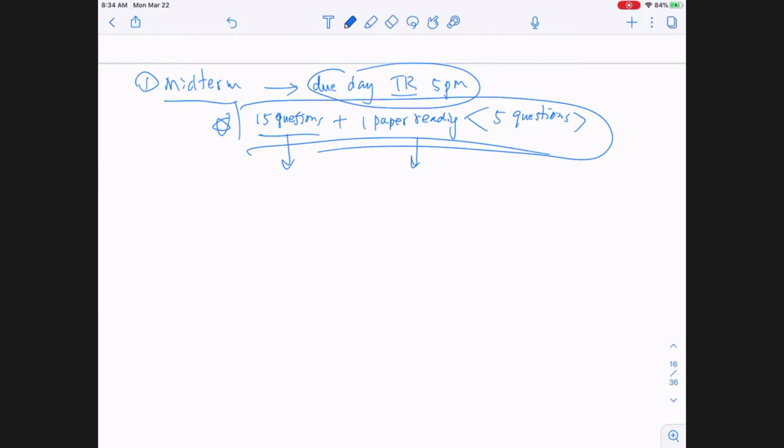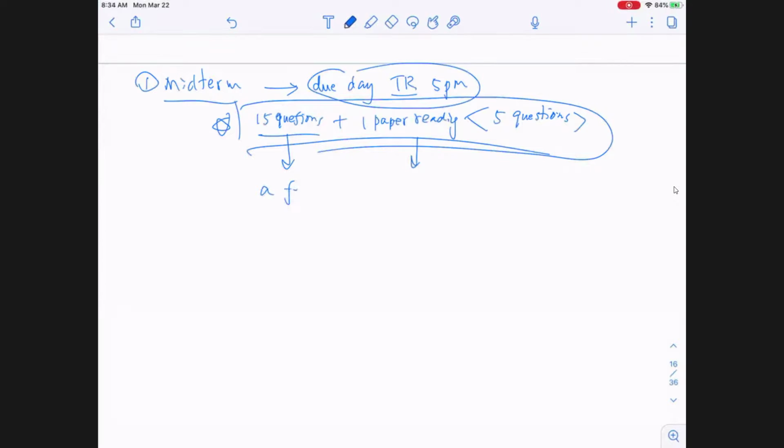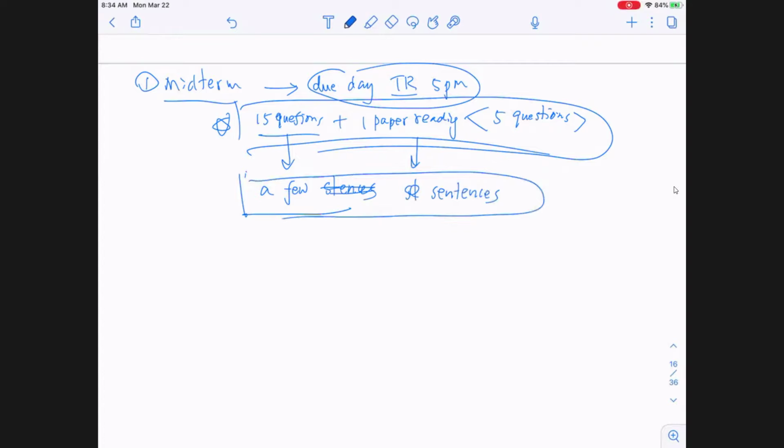For each question, please don't write too many words. I don't need half pages. Just a few sentences is enough, okay? A few sentences is okay for each question.